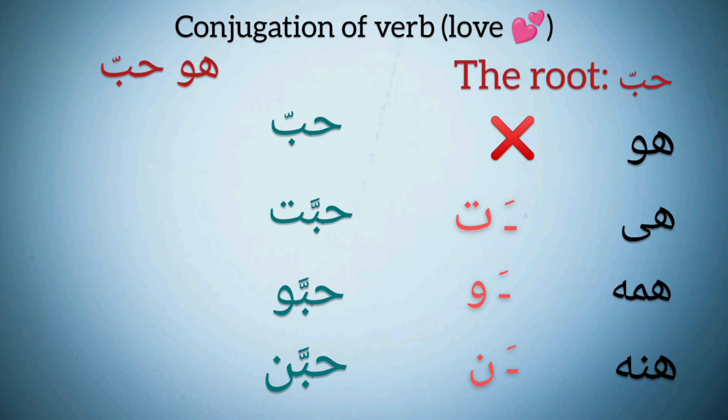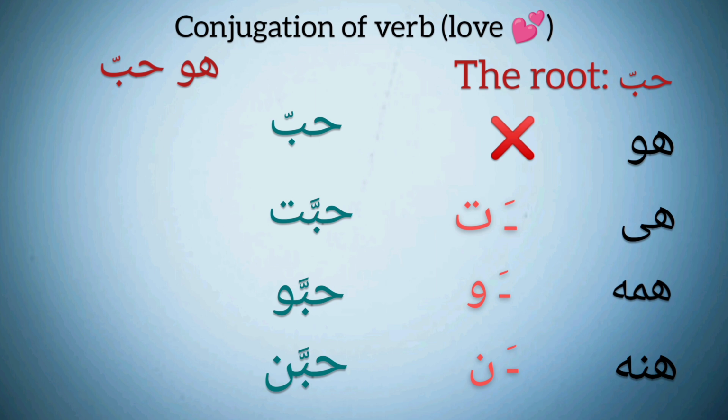Okay? Huwa hab. We don't have any changes here, and it means he loved or he liked. Huwa hab. Hiya habbat. We add at to this one, and it means she loved. And humma habbaw.